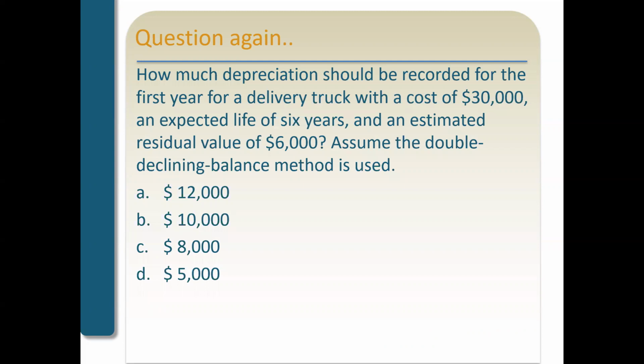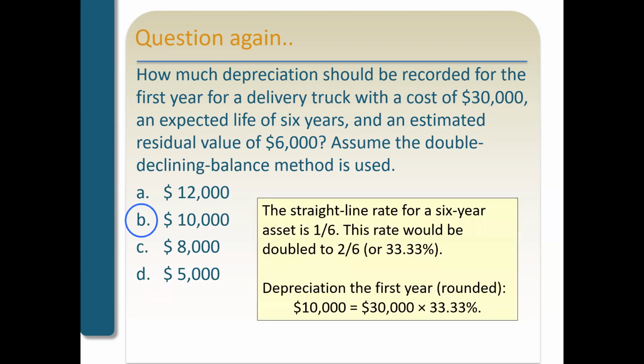Double declining, you multiply that times 2 to get 0.3333. For the first year, wouldn't you take that $30,000 times 0.3333 and get $10,000 for the first year? Make sense?